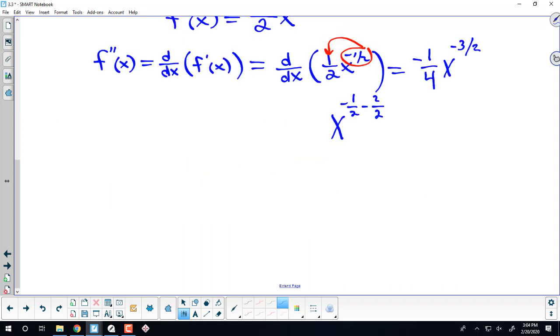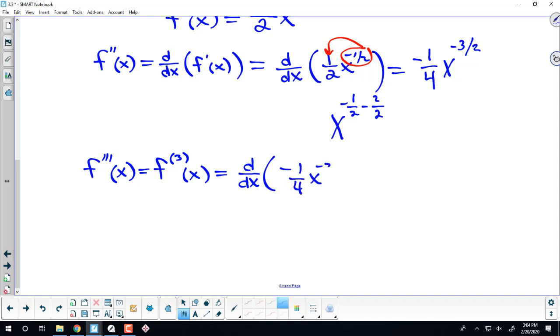And then the third derivative. Sometimes people will write triple prime like this, but usually things above triple prime, they'll just write the number in parentheses up here. The third derivative is the derivative of the second derivative. So we've got to take the derivative of negative 1/4 x to the negative 3/2.